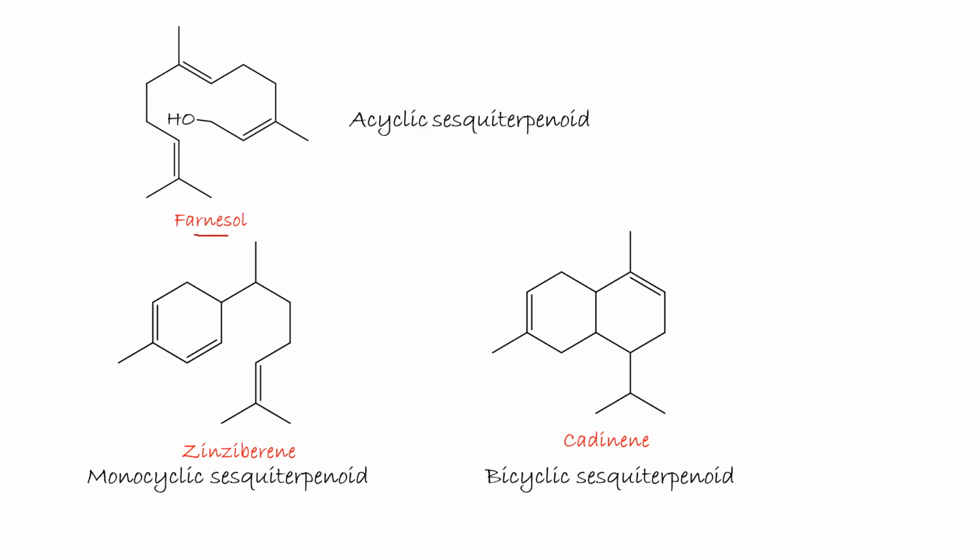Farnesol, that's three isoprene units, so it's a sesquiterpenoid. Acyclic with its open structure. Zingiberene, that's again three isoprene units. It's monocyclic, which contains only one ring, a sesquiterpenoid. Here, cadinene is a bicyclic sesquiterpenoid. It has two rings and three isoprene units.